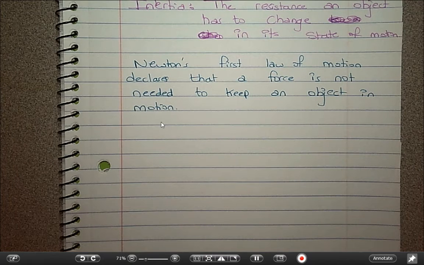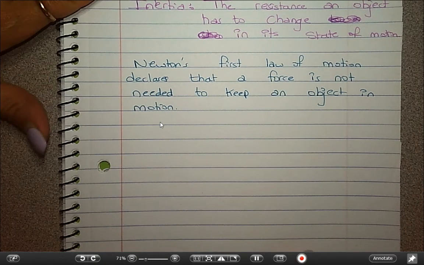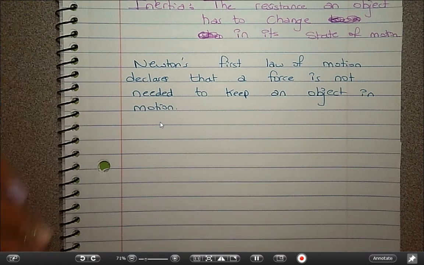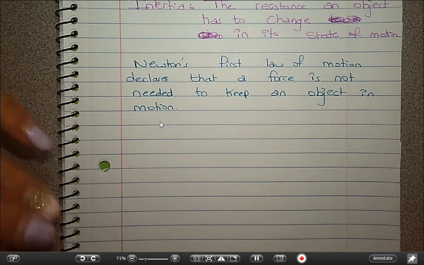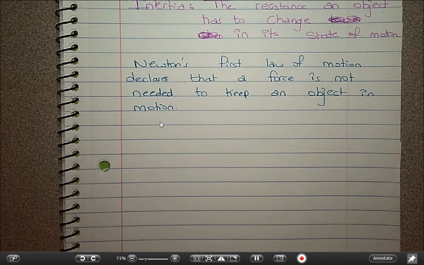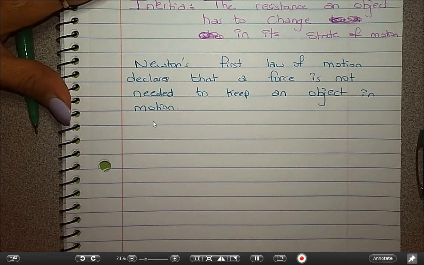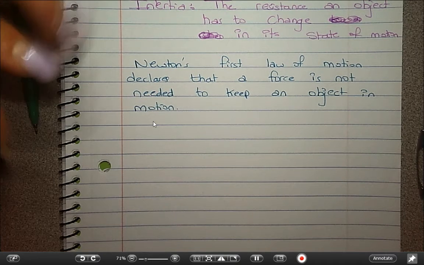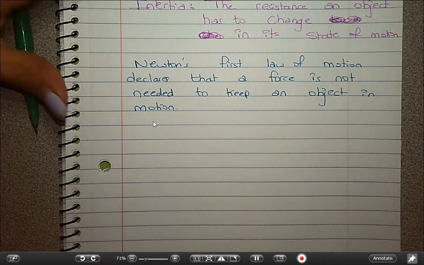Okay, and usually the more heavy or the more massive the object is, the more the object resists the change. So if that book was heavier, which is more massive, the force will be less effective than how it was when I pushed it with less mass.